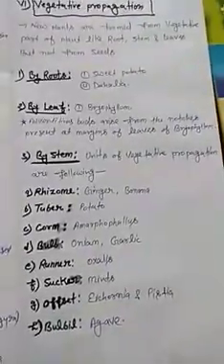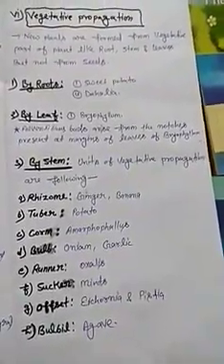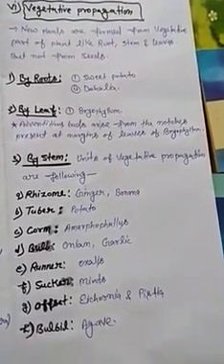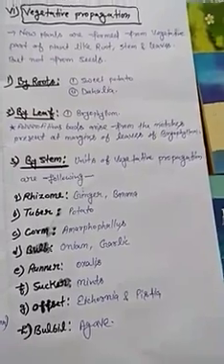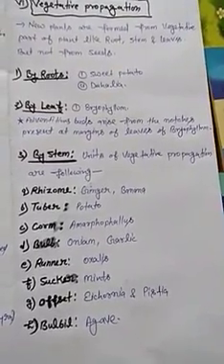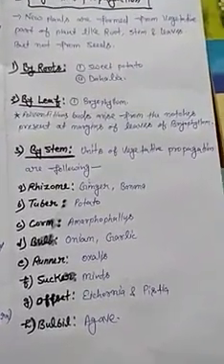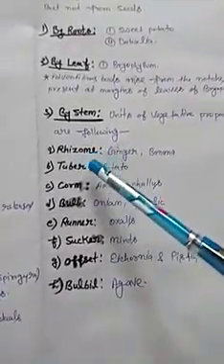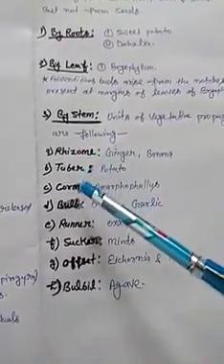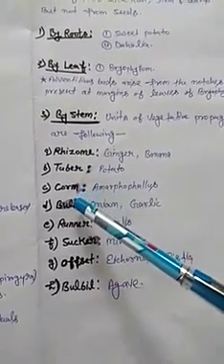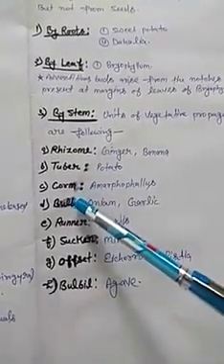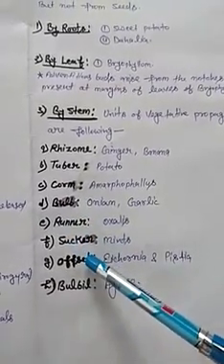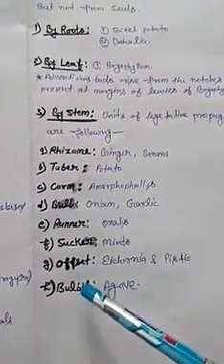By stem, there are many units of vegetative propagation. The first unit is rhizome, second is tuber, third is corm, next bulb, next runner, next sucker, next offset, next bulbil.